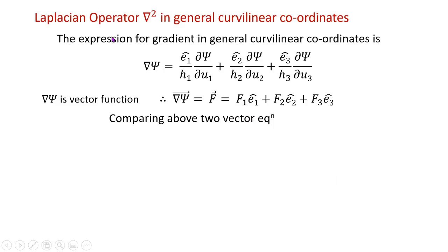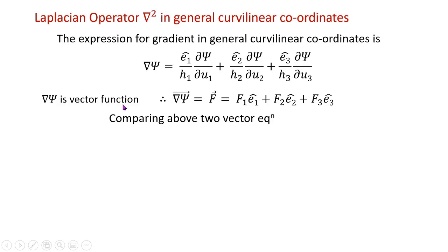Let us derive the Laplacian operator in general curvilinear coordinate system. The expression for gradient in general curvilinear coordinates, which we have already derived in previous lectures, is del psi equal to E1 cap upon H1 del psi by del U1 plus E2 cap upon H2 del psi by del U2 plus E3 cap upon H3 del psi by del U3.